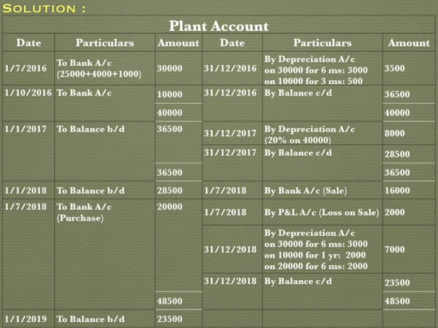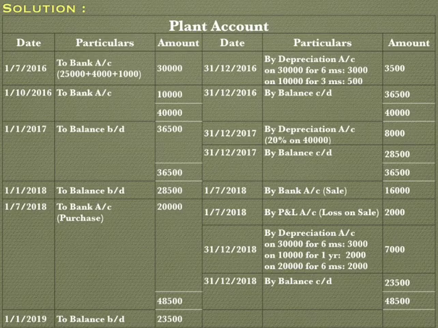So depreciation for this year on our first plant, that is on 30,000 rupees for 6 months, as the plant is installed in the month of July. So for 6 months depreciation will be 3,000 rupees. Our second machine was installed on 1st October, the amount of the machinery was 10,000, and it is used for 3 months only, so we will provide depreciation for 3 months.